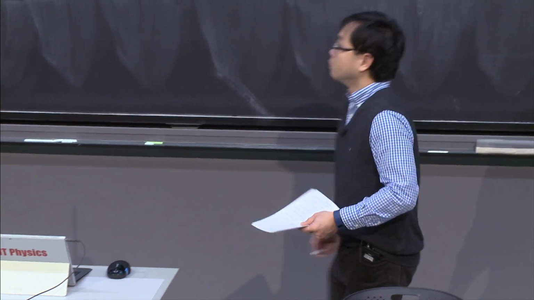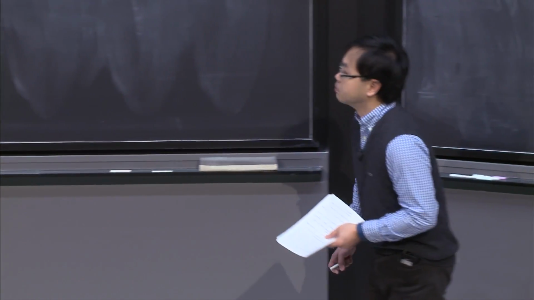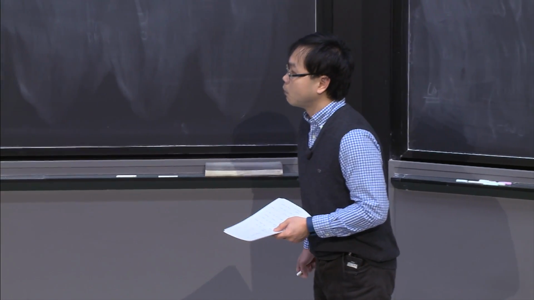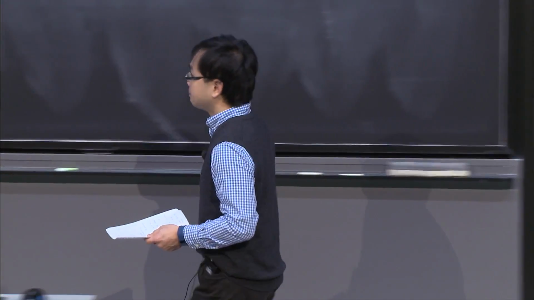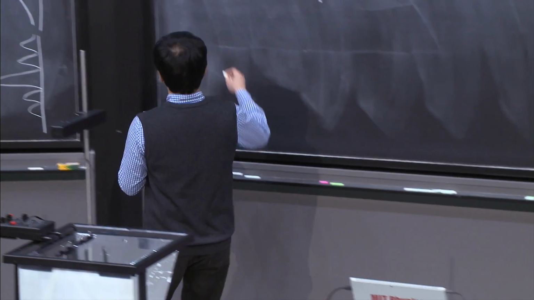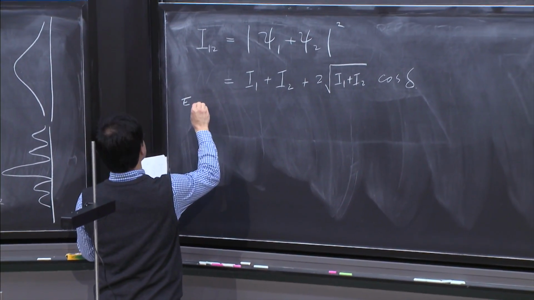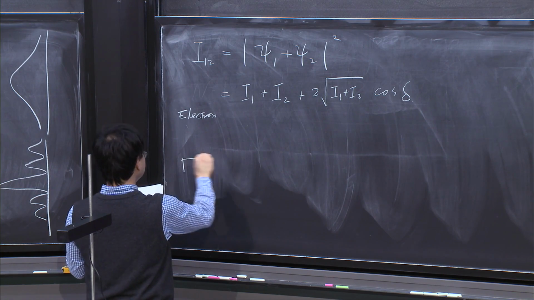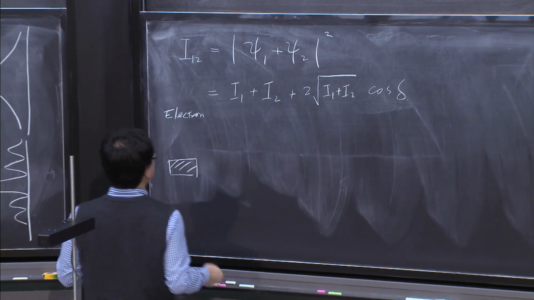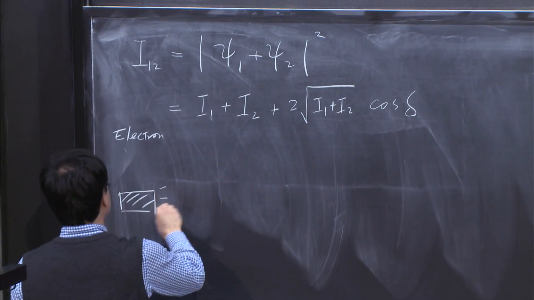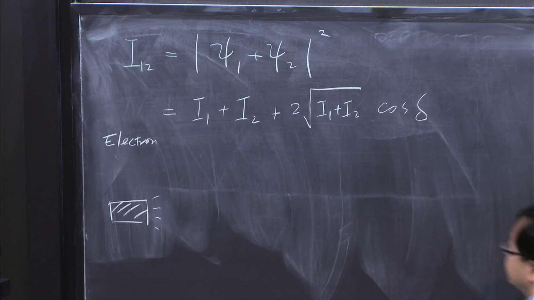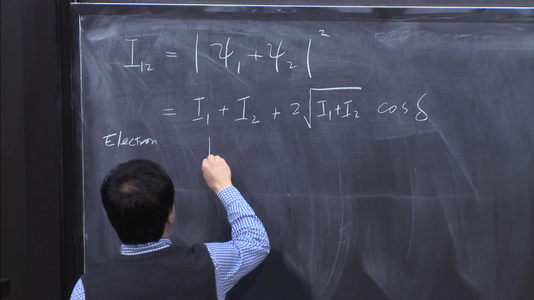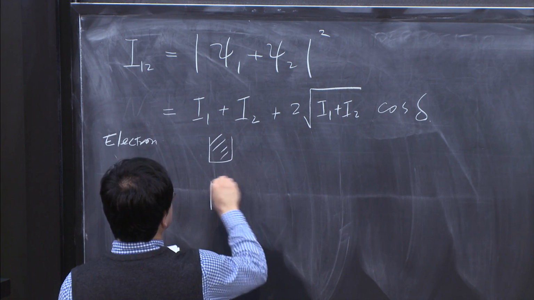So how about we do some more experiments to convince ourselves what is really going on? What we could do, as I mentioned, is still have the electron gun. I have the electron source on the left-hand side. Again, I have this two-slit experiment here.